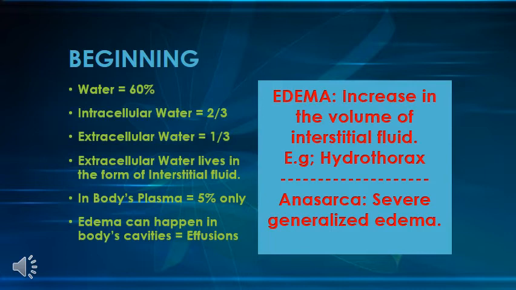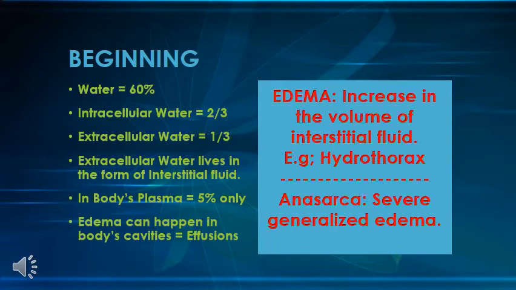Now another thing you have to keep in mind: if the volume of interstitial fluid increases in the interstitial spaces, then the size of the tissue or organ also increases. If size increases, we can say it's a swelling. So it means we can apparently see the edema.